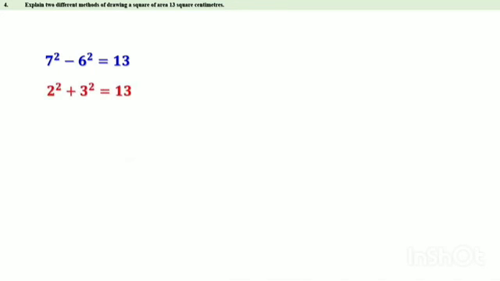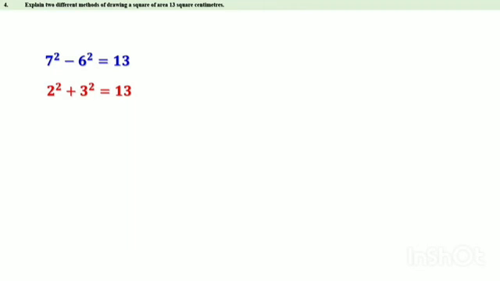Also, we know 2 square plus 3 square equal to 4 plus 9 and that is equal to 13. Therefore, if we draw a right triangle with base 3 centimeters and altitude 2 centimeters, the hypotenuse will be root 13 centimeters. Using that hypotenuse as one side, we can draw a square of area 13 square centimeters.